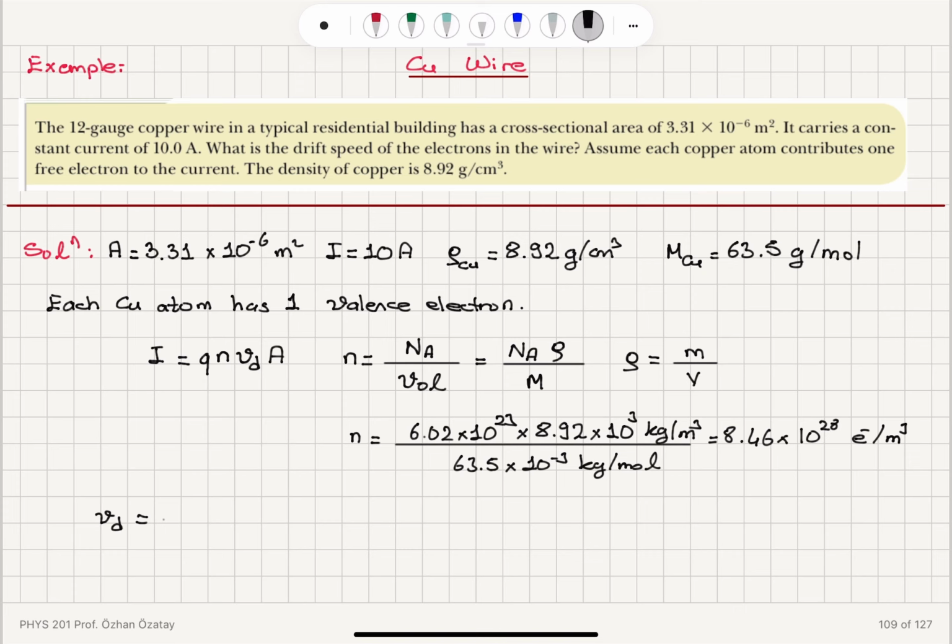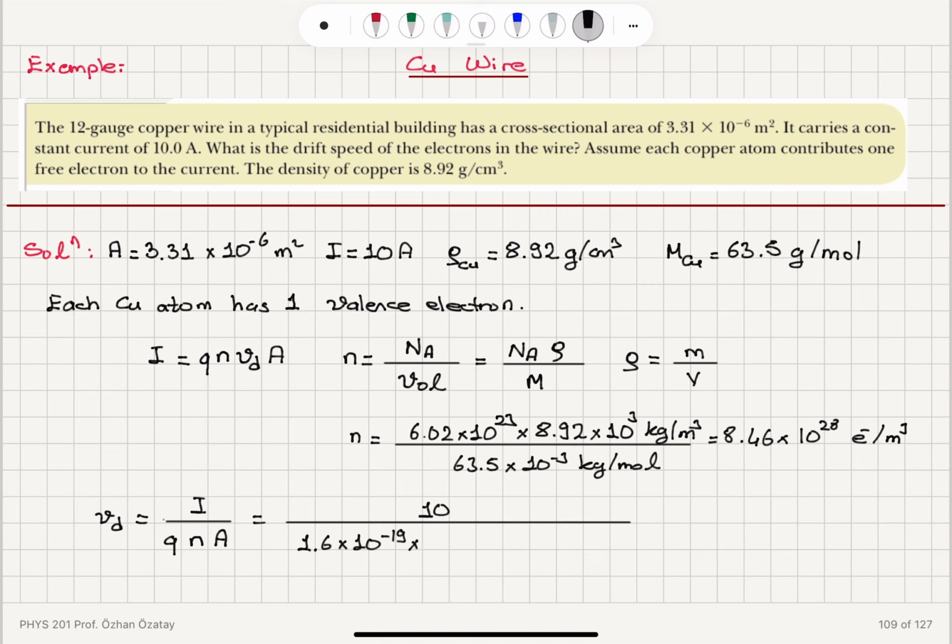Well, now what is the drift speed here? It is the constant current it carries, I, divided by the charge, Q, number density, N, and cross-sectional area, A. So we know that the wire carries 10 amperes of current. So this is 10. I have the charge of an electron, 1.6 times 10 to minus 19 coulombs.